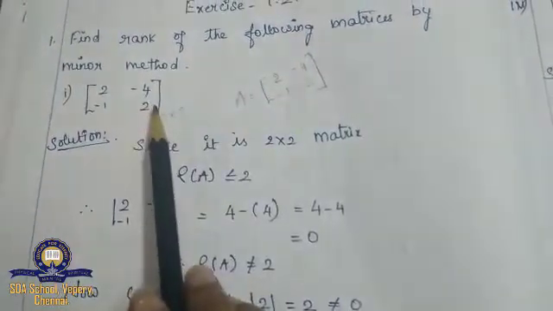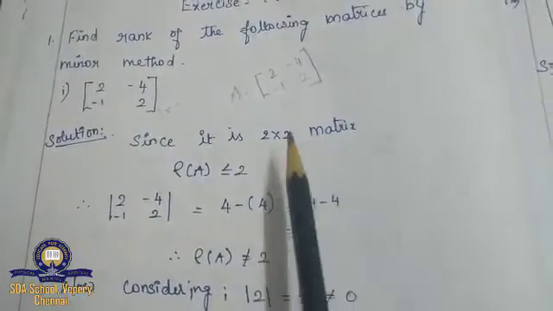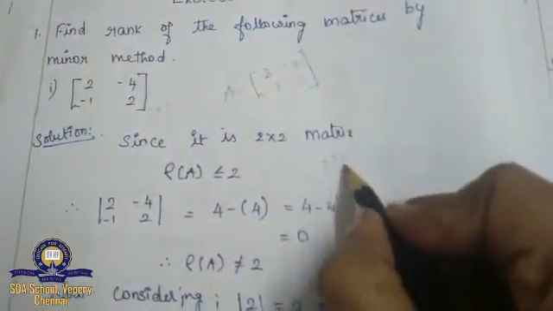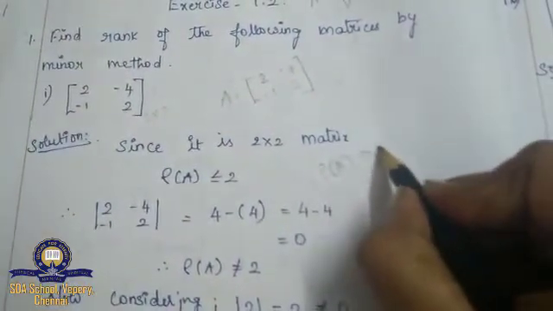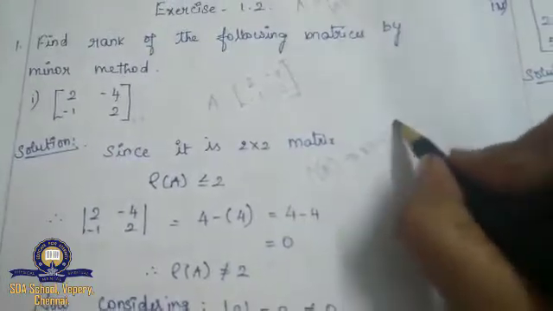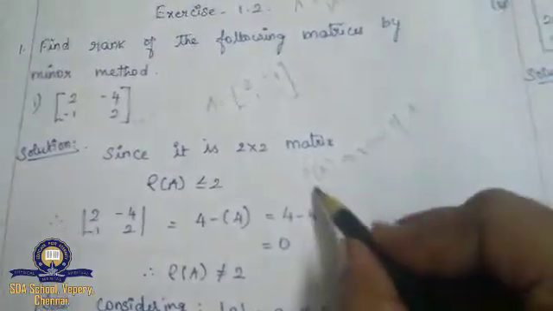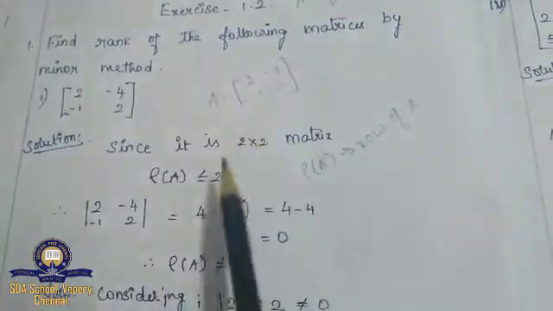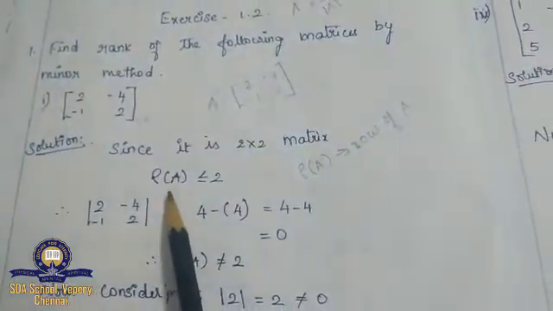And what matrix is this? 2 cross 2 matrix. So my row of A, this symbol means rank. Usually for finding rank, we have to introduce this symbol.